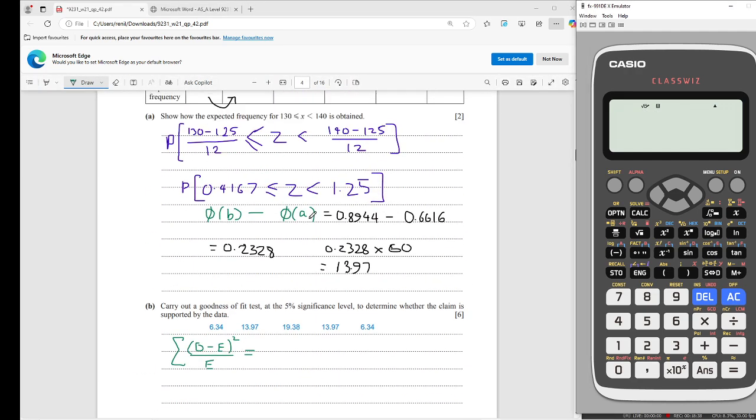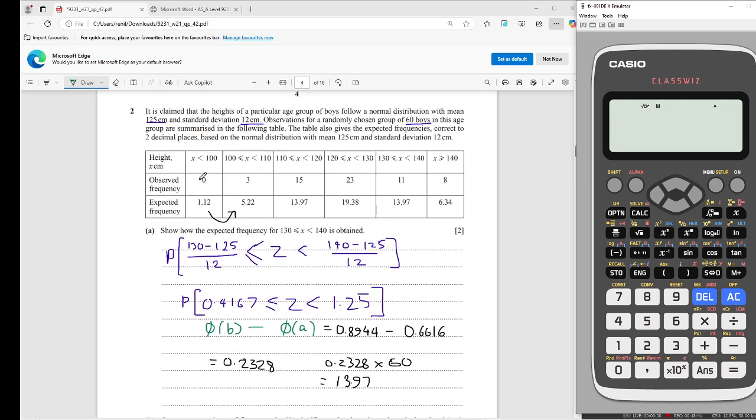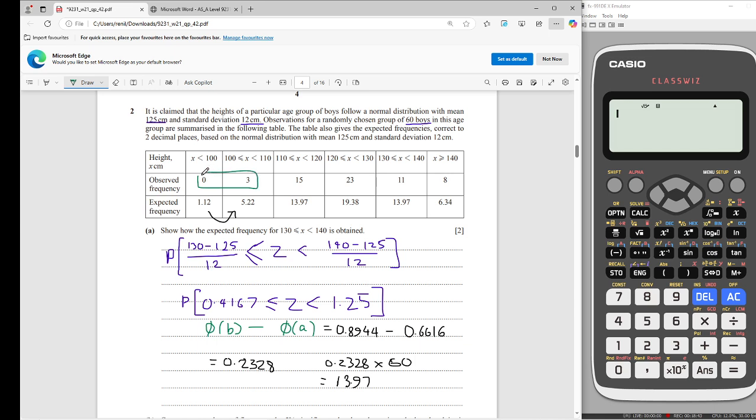So our observed value for the first one, we're gonna combine these two columns, so that means we combine the two observed frequencies as well. So it's gonna be 3 minus this expected value.